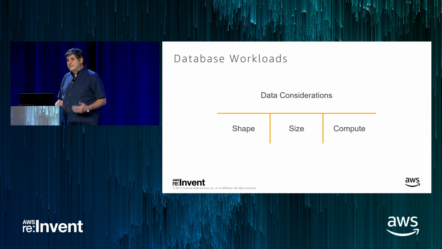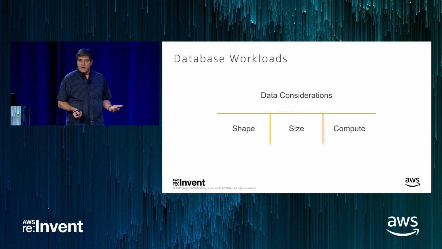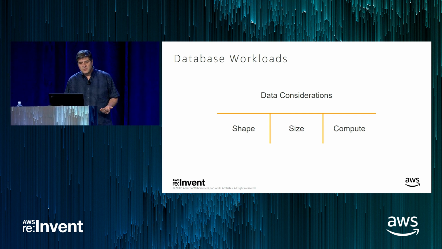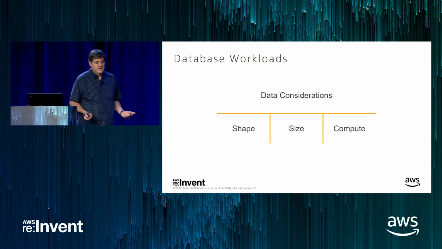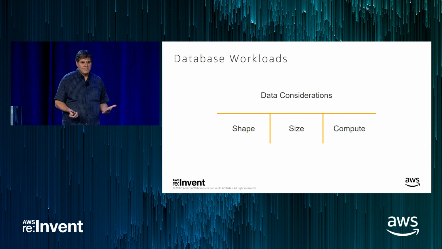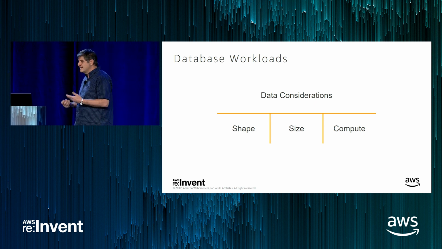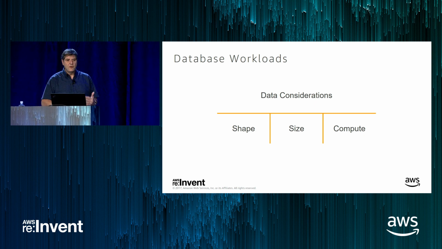So this being a database conversation about storing, retrieving, and processing data, let's take a look at the data first. Usually, when looking at which database to use in the application, I look at the application with respect to the data: the shape of the data, the size of the data, and the computational requirements for that data.